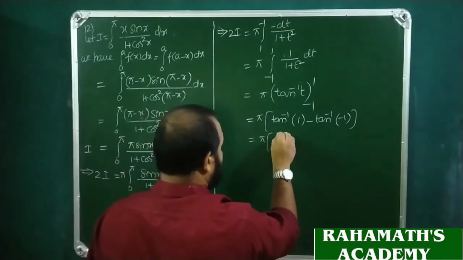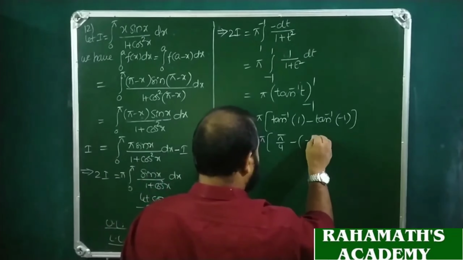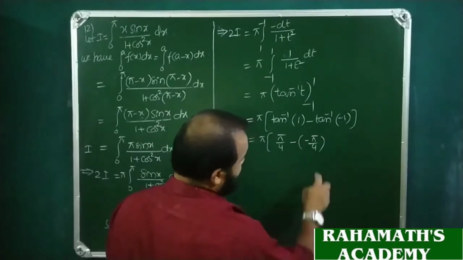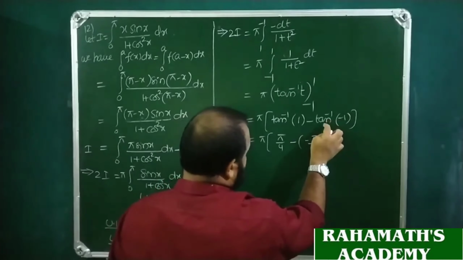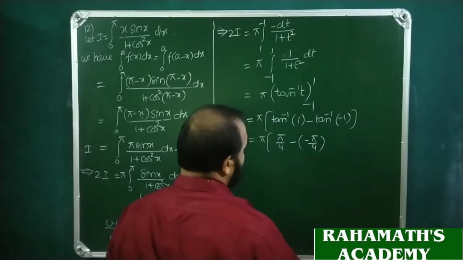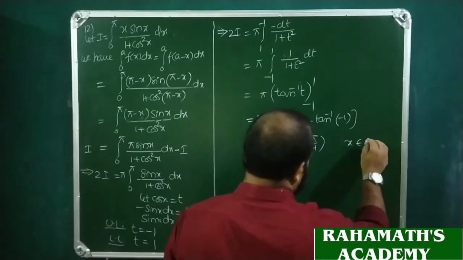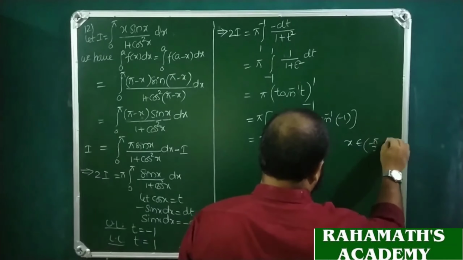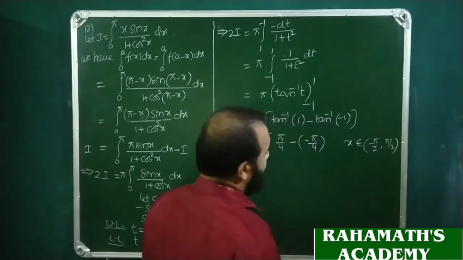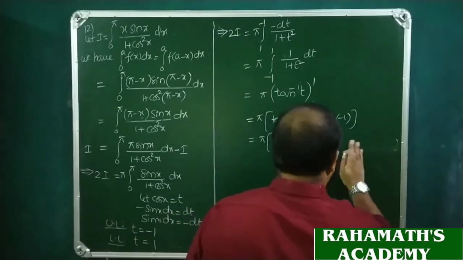So pi into tan inverse 1 is pi by 4, minus tan inverse minus 1 is minus pi by 4, because the range of inverse trigonometric function tan inverse lies between minus pi by 2 to plus pi by 2. So therefore this is minus pi by 4.